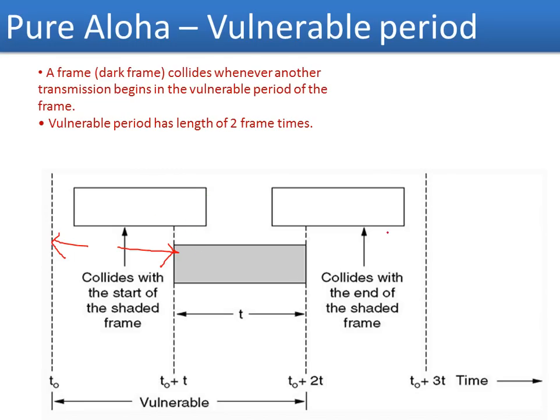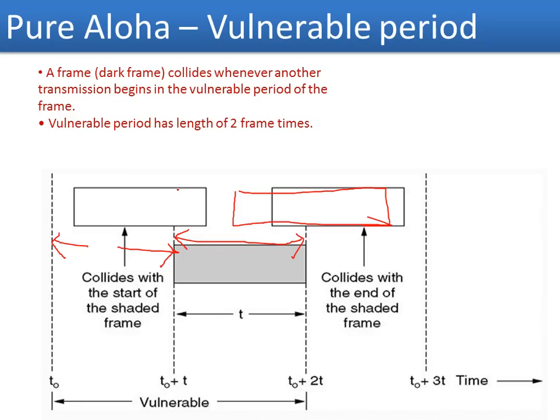Another possibility is that some node starts transmitting data in this duration, let's say someone has started its data transmission from here, so it would again be a collision. So if you want to deliver a frame successfully to the destination node, we need a constraint that in these two time intervals no frame should be transmitted.